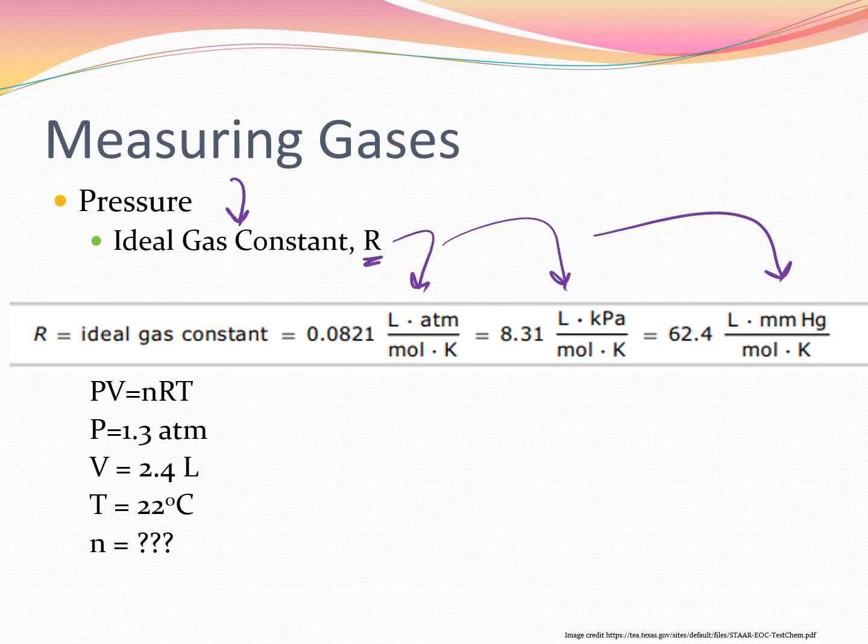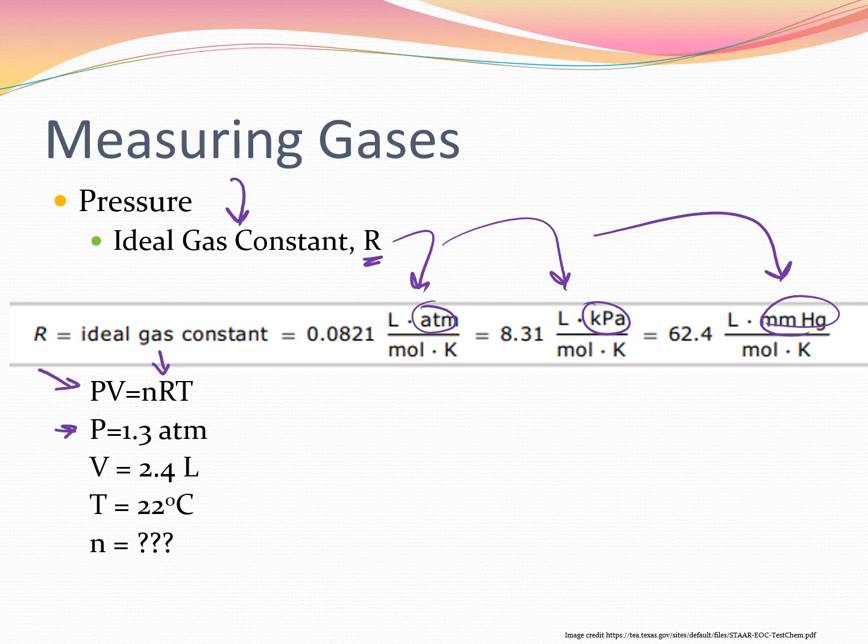But the thing is, they're actually all equal to each other. They've just been converted from one pressure unit to another. So the values are all the same. They're just different conversions of each other. So we're going to learn this formula, PV equals nRT, where R is the ideal gas constant.